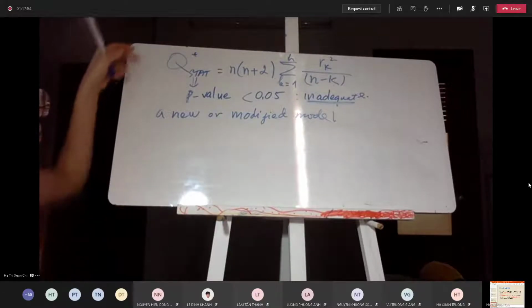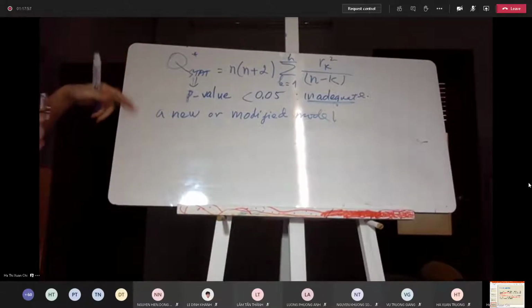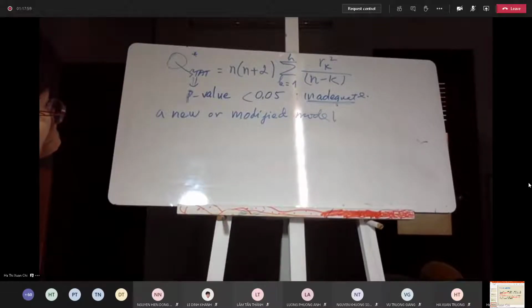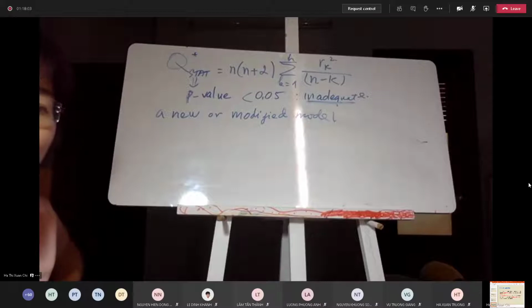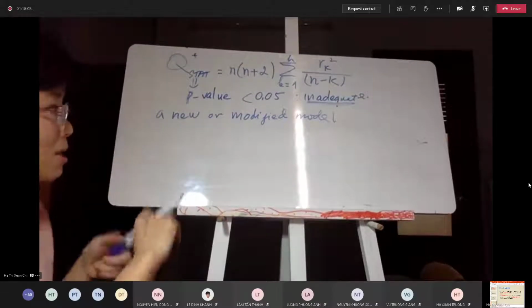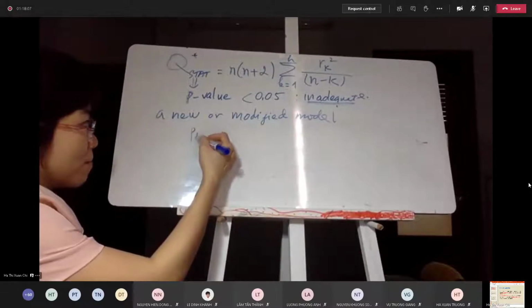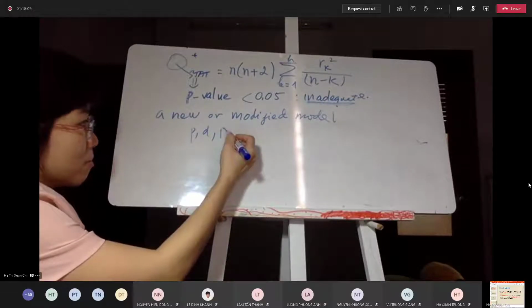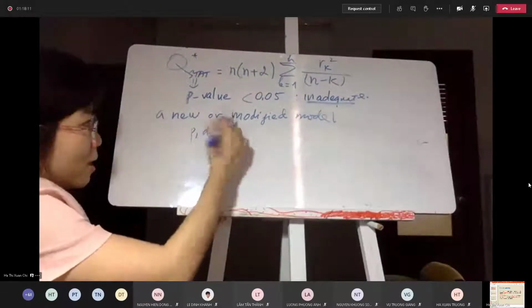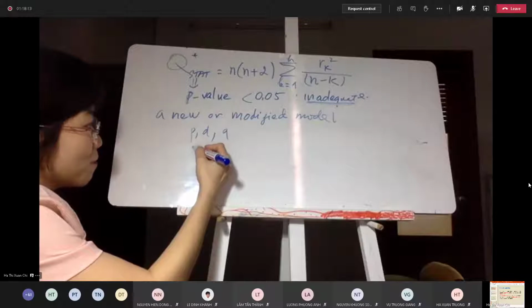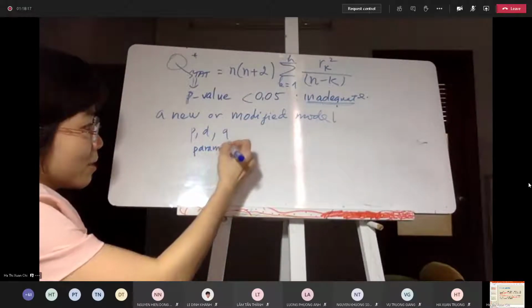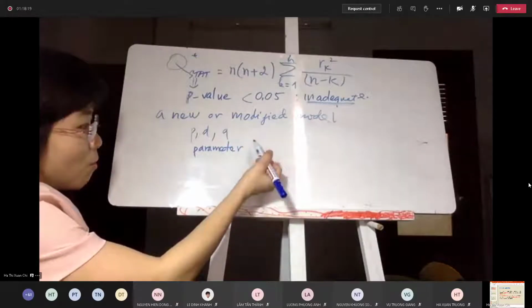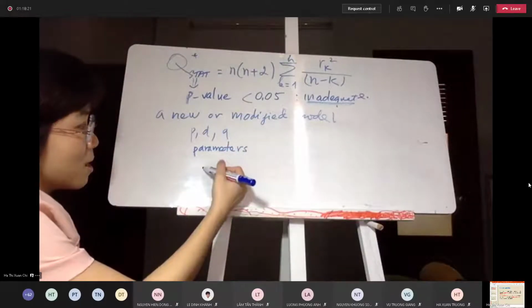Study the model checking. So right now we have finished three steps. In the first step we define p, d, q, and in the second step we define the parameters, meaning the coefficients of the model.